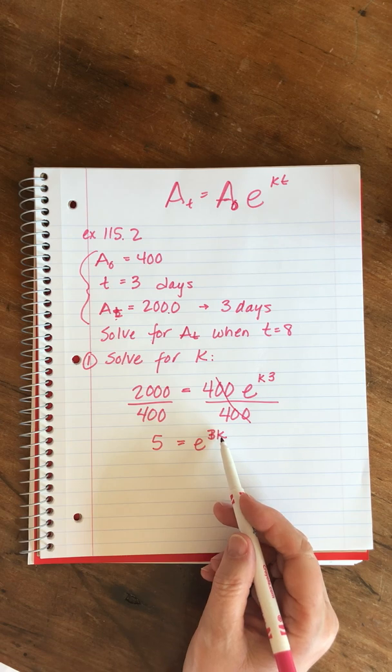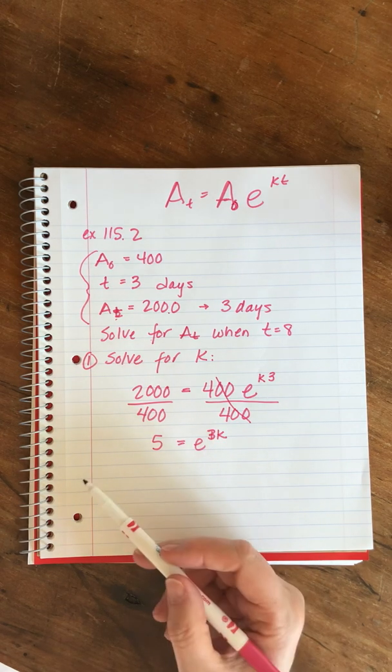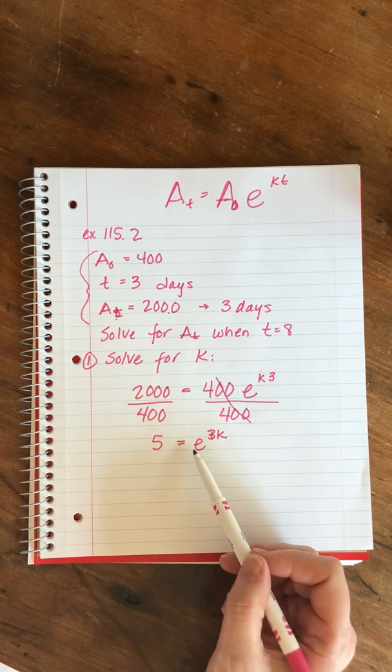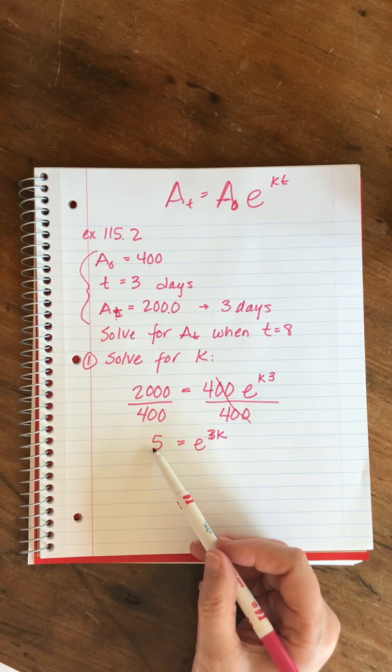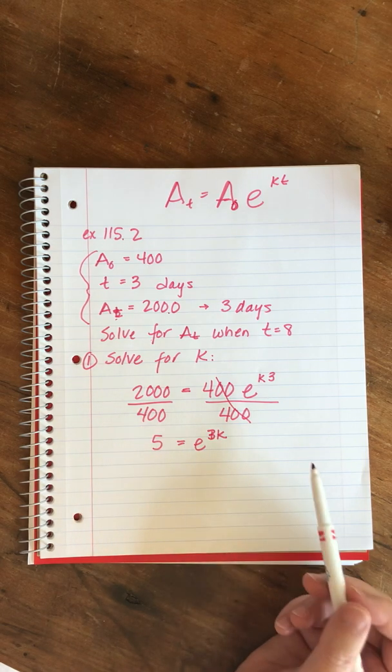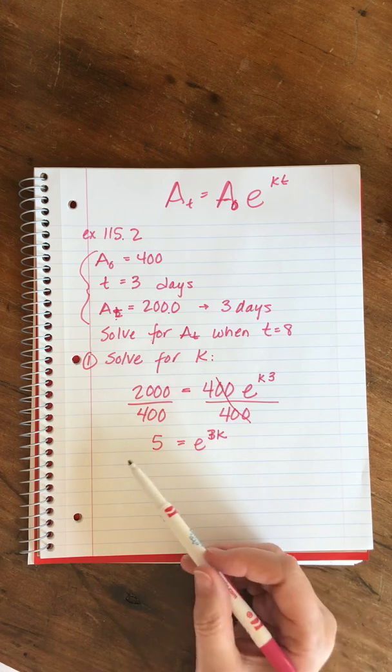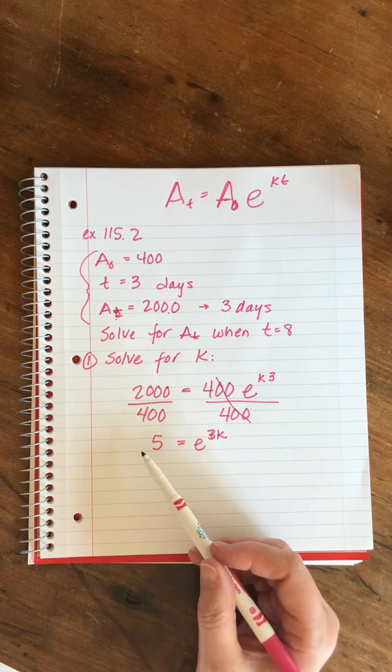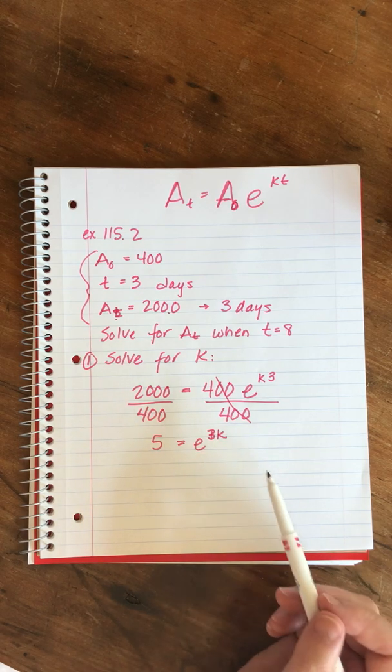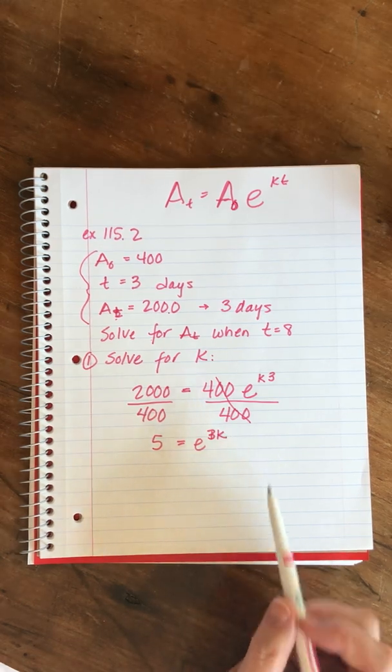Oh, okay. This is what we saw before. If we could make 5 into e to the power of something, if we could rewrite 5 as e to the power of something, then we would have e equals e, and we could take the exponents off and solve for k. Yay, let's do it.